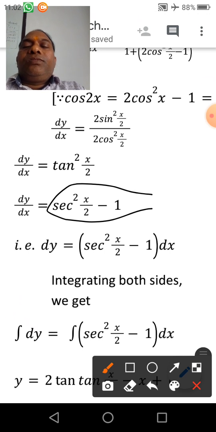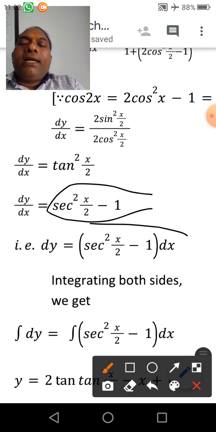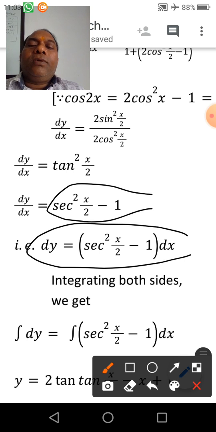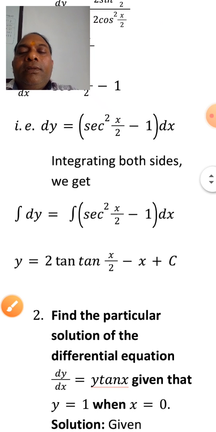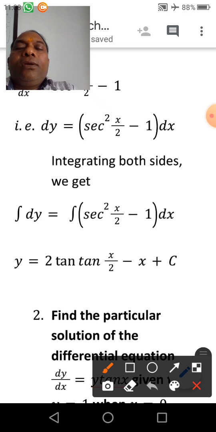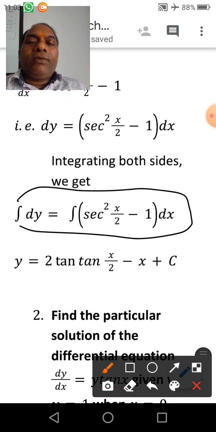Now collect the function of x with dx and the function of y with dy. So you can write the given equation as dy is equal to (sec square x by 2 minus 1) dx. Now integrating on both sides, integration dy is equal to integration of (sec square x by 2 minus 1) dx.